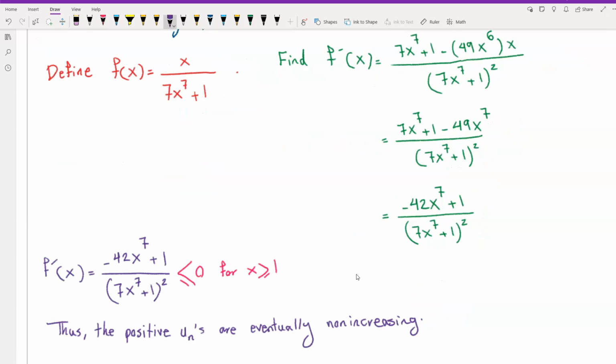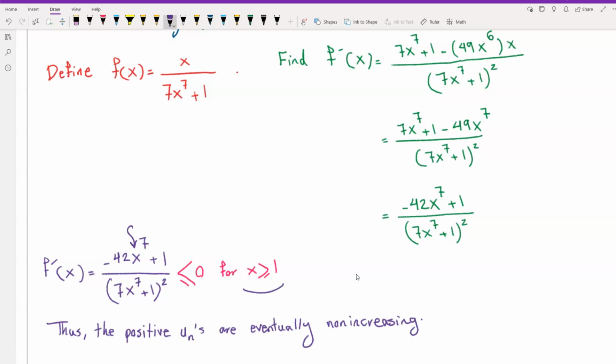Based on what we had for the first derivative of this function, negative 42x^7 + 1 divided by (7x^7 + 1) squared is less than or equal to 0 for x greater than or equal to 1. For example, if I had 0 for x, this would be positive. That's why I have x greater than or equal to 1.